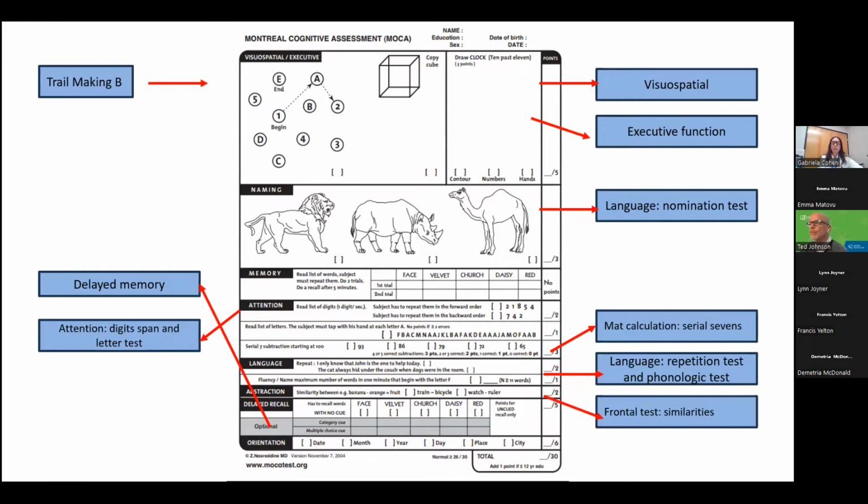You ask them to copy a cube, and you ask them to do the clock. So here you're really testing visual spatial skills, and with the Trail Making B and with the clock, you're also testing a little bit of executive function.